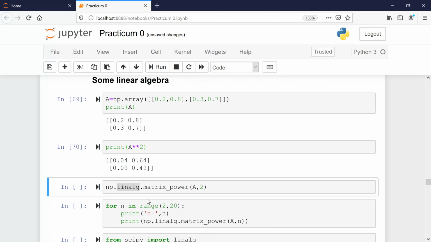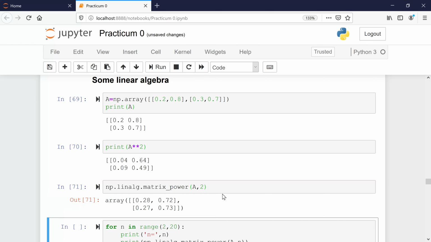Don't confuse this with A multiplied by itself. For that operation, you need to use a sub-library of numpy called linalg, which contains a function called matrix_power. Now A squared, A times itself, should give you something like this. So don't confuse these two.